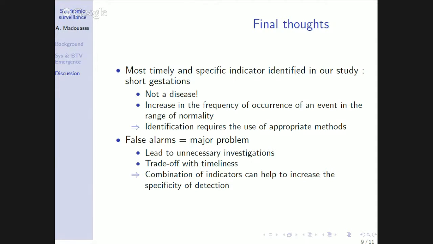That's something you need to think about. So there is a trade-off between specificity and timeliness. And this can be improved by combining several indicators. This was done afterwards, so we didn't formally assess it, but combining milk production and reproduction could help us be more sure that it's really a real problem. It's not something else.